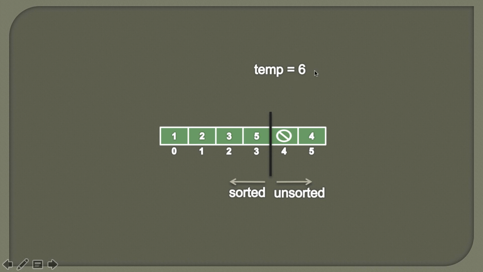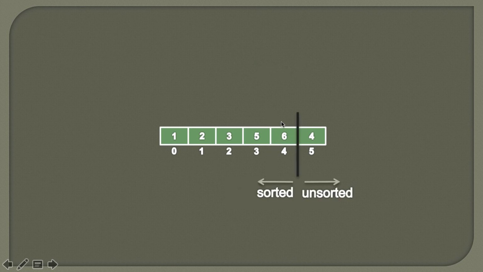So 6 will be stored at its own position. So now our sorted part has 5 elements, 1, 2, 3, 5 and 6, which are sorted, and in our unsorted part we have now only one element left.